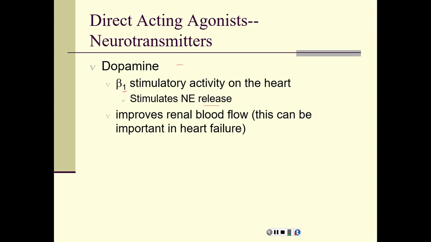When cardiac output is down, the kidneys, rather, are likely to be damaged because of the lack of perfusion, and in a congestive heart failure setting or some other cardiac emergency, there may be a lot of sympathetic activity, which will cause vasoconstriction in the kidneys. Dopamine acts to counteract that and improve renal blood flow, which is a notable feature of dopamine and makes it a better drug for use as a cardiac stimulant in some conditions.